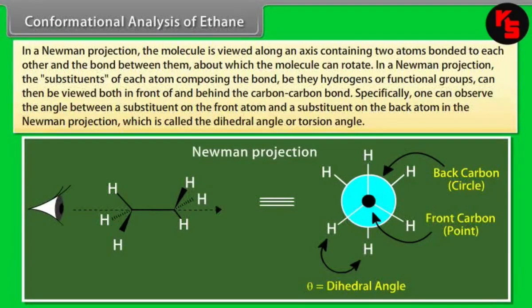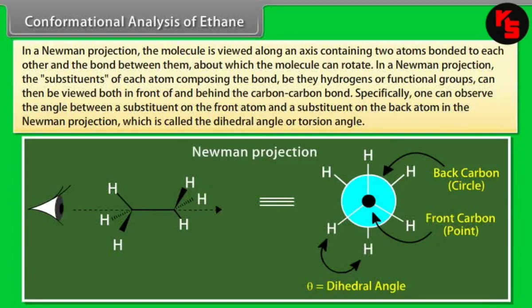The substituents of each atom composing the bond, be they hydrogen or functional groups, can then be viewed both in front of and behind the carbon-carbon bond. Specifically, one can observe the angle between a substituent on the front atom and a substituent on the back atom, which is called the dihedral angle or torsion angle.